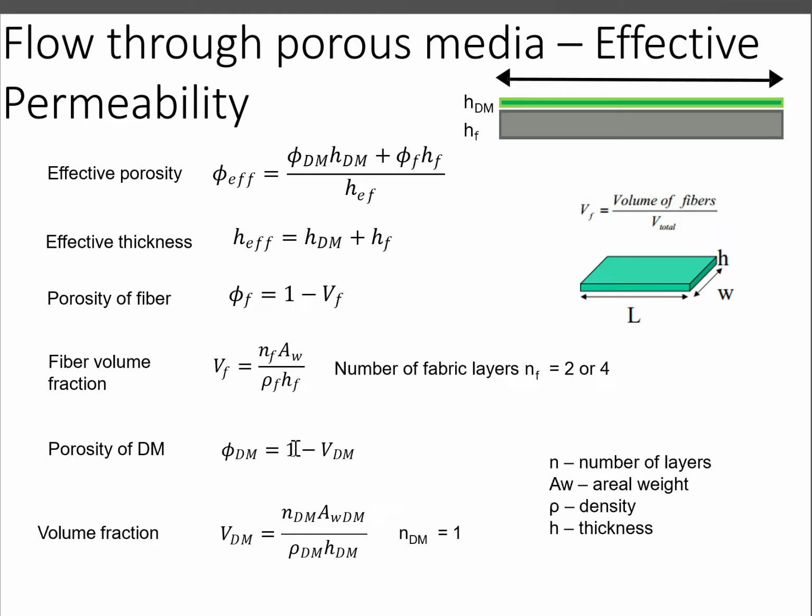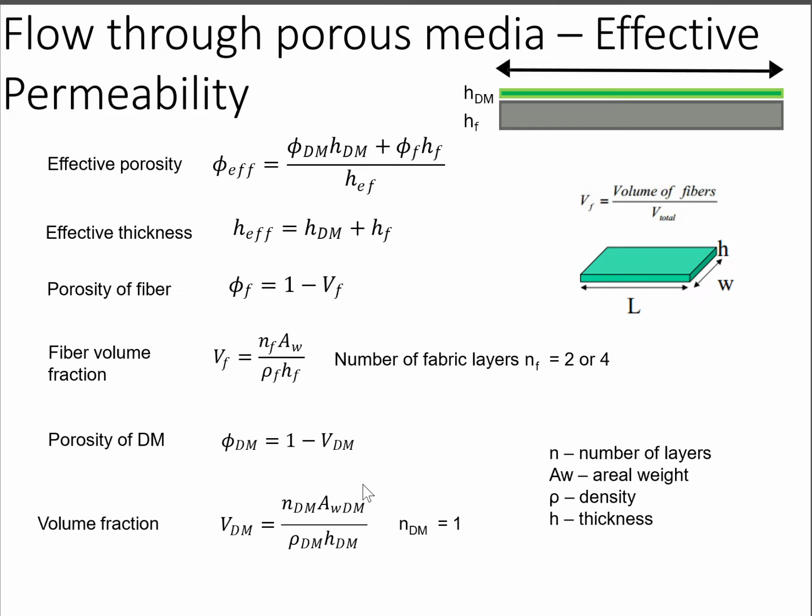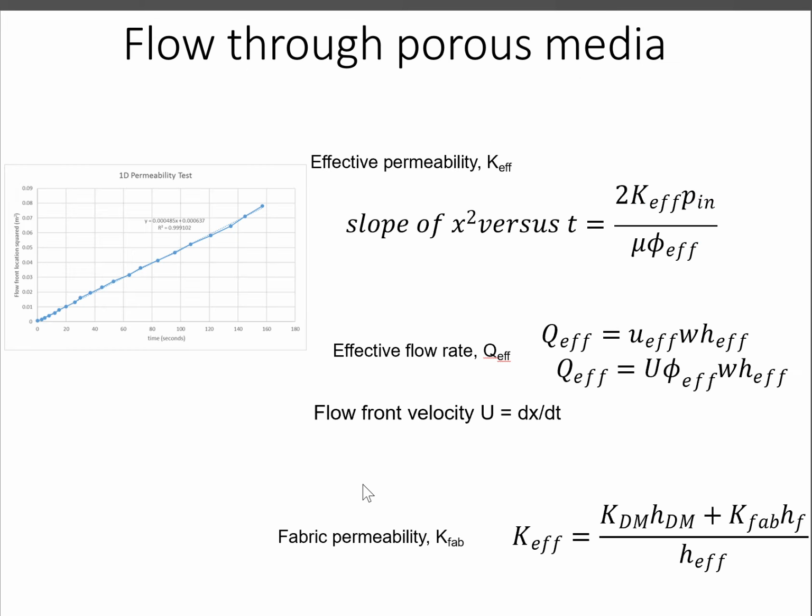But if you have to do the calculations, you have the equation for it: number of layers, the density of the fabric, height of the fabric, and the cross-sectional area, which is this cross-section. So this line multiplied by whatever depth you have, like this height multiplied by width. Okay? And we can also do the same thing for the distribution media. Same equation, same everything. It's just done for a different material. Okay?